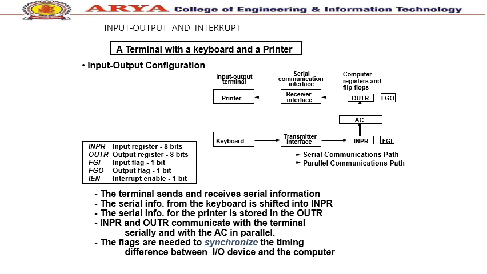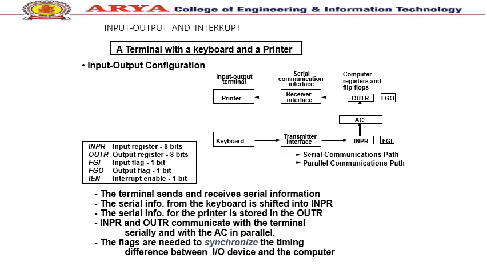Input, output and interrupt. A terminal with a keyboard and a printer. Input output configuration: there are keyboard, transmitter interface, input register, accumulator, output register, receiver interface, which is a serial communication interface, and lastly the input output terminal, which means the printer.